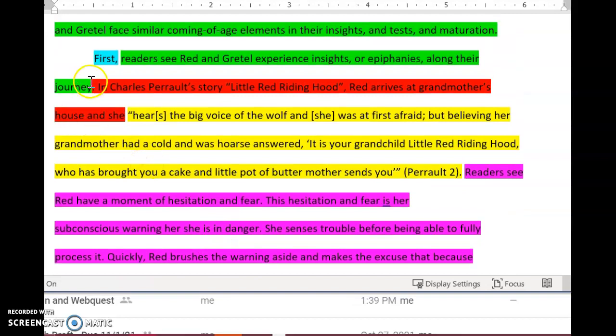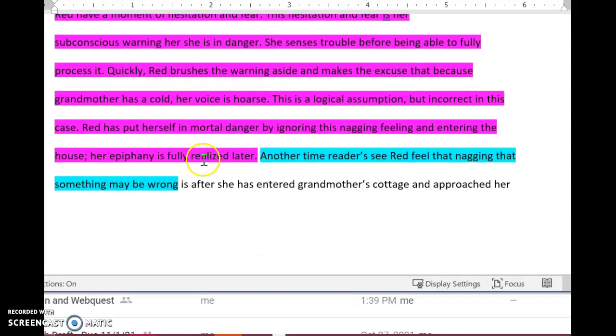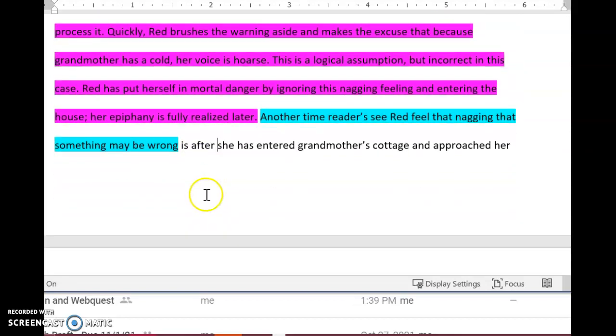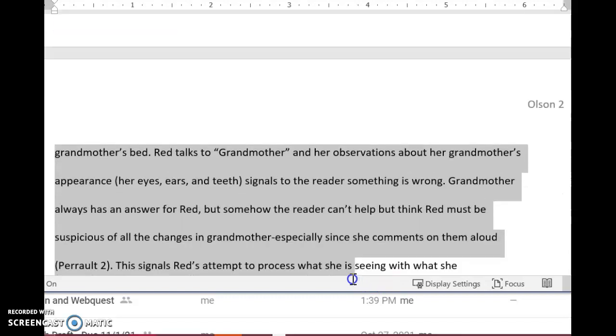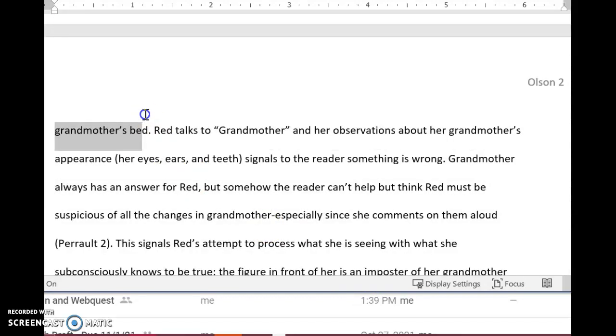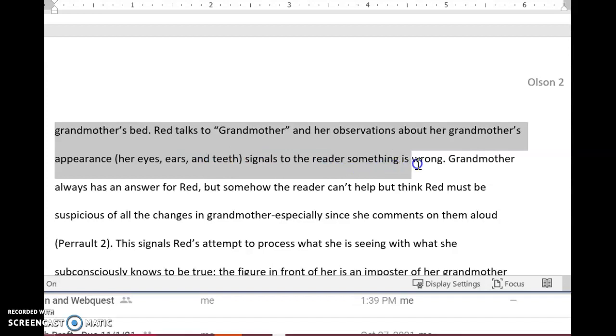Now, if I go back up, in my first example, I gave some background information. I want to make sure that I've done the same thing. So she realized something might be wrong. This is after she's entered grandmother's cottage and approached grandmother's bed. Red talks to grandmother, and her observations about her grandmother's eyes, ears, and teeth signal to the reader that something is wrong.